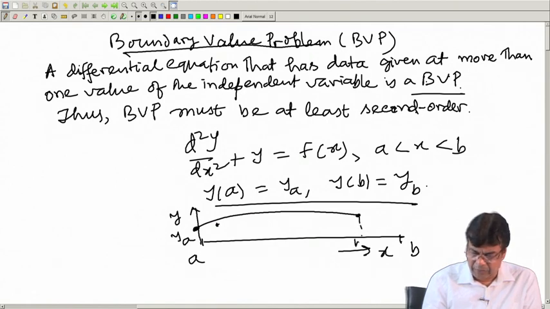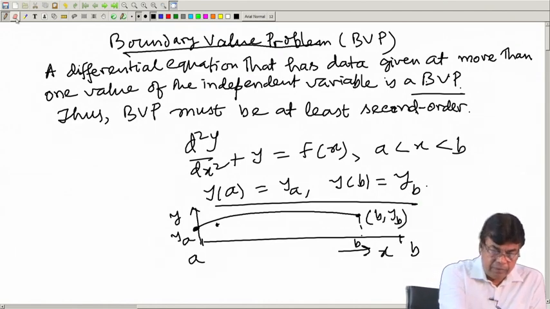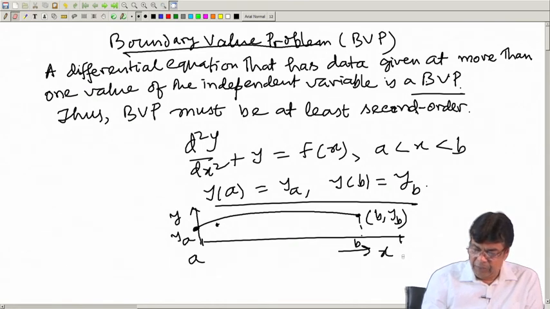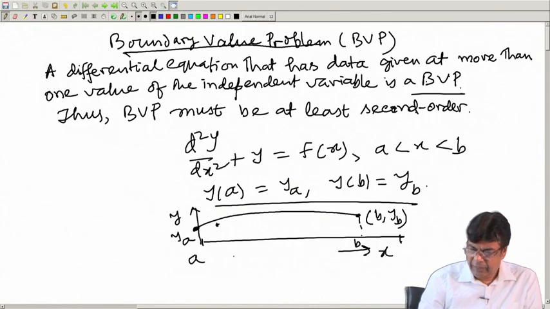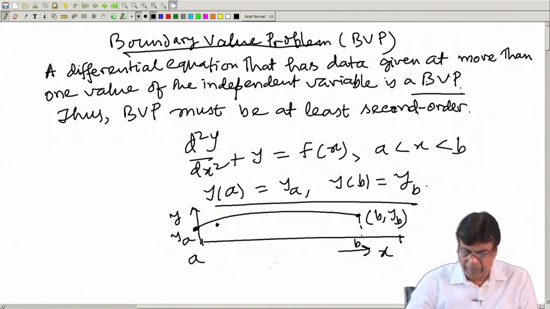This is the x axis. This kind of situation is referred to as the boundary value problem.